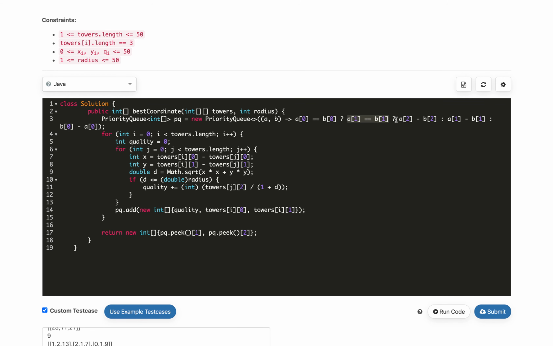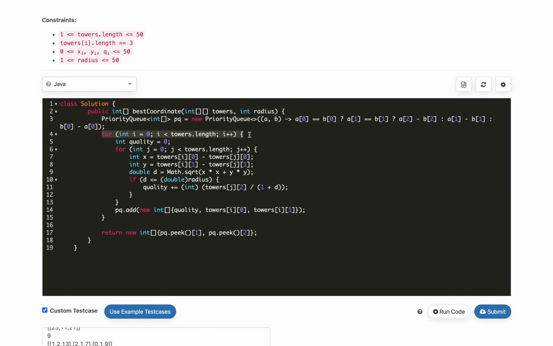If these are also the same, then we return a2 minus b2, which means y1 minus y2, in increasing order, so we form a min queue based on this. If the x coordinates are not the same, we return a1 minus b1, the x coordinate difference. Otherwise we return b0 minus a0, because we need the maximum quality on top.